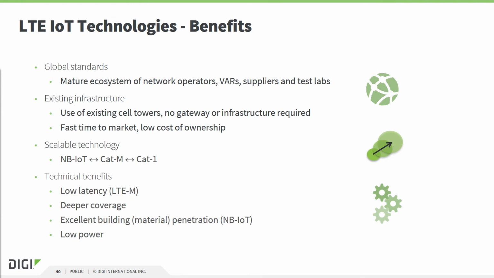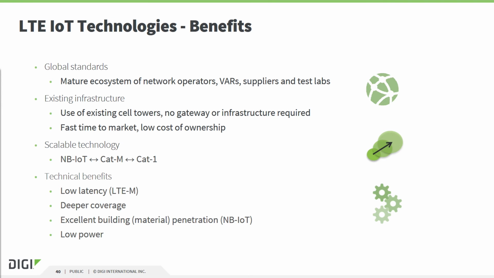There is no gateway or other device required to connect to the Internet. The technology offers fast time to market and low cost of ownership. LTE IoT technology is scalable in regard to bandwidth and other features. It offers deeper coverage and excellent building penetration, which allows you to mix indoor and outdoor devices.